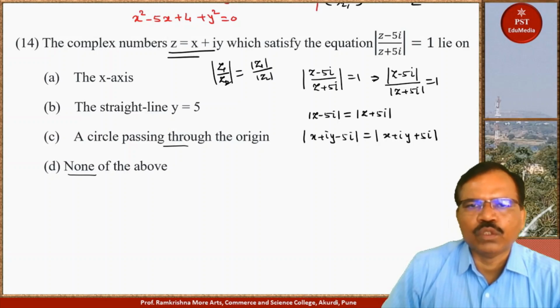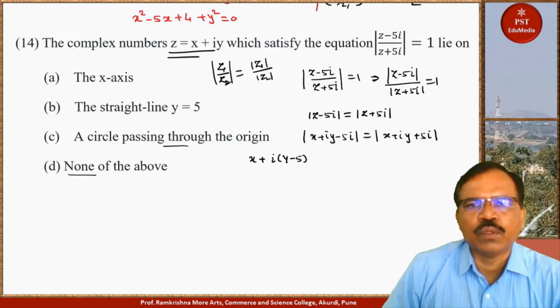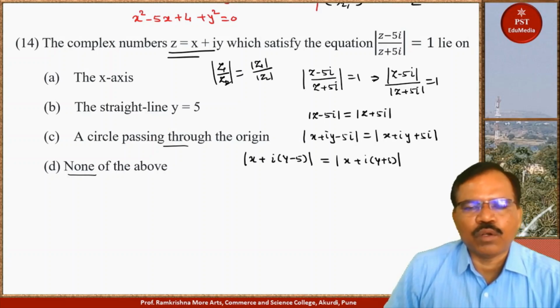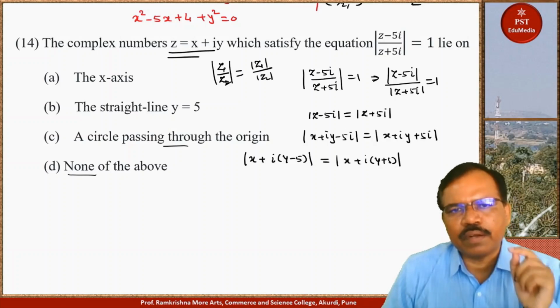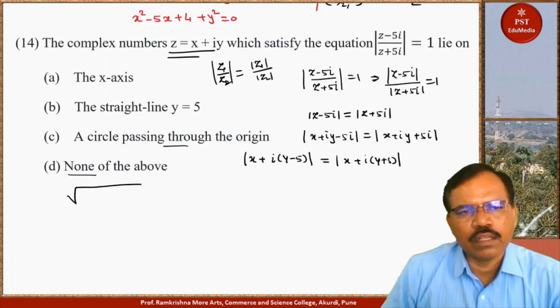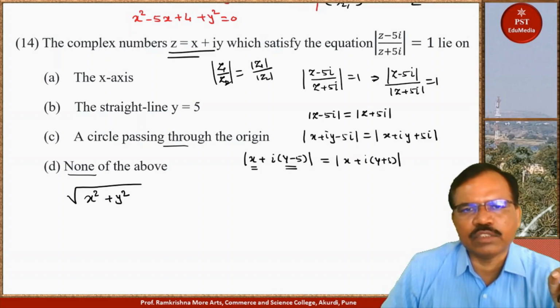So we get here modulus of x plus iy minus 5 i will be equal to modulus of x plus iy plus 5 i. And we know modulus of z is square root of x square plus y square, that is, square root of square of real part plus square of imaginary part. Here real part is x, imaginary part is y minus 5.